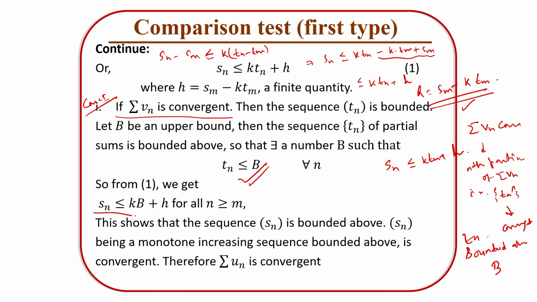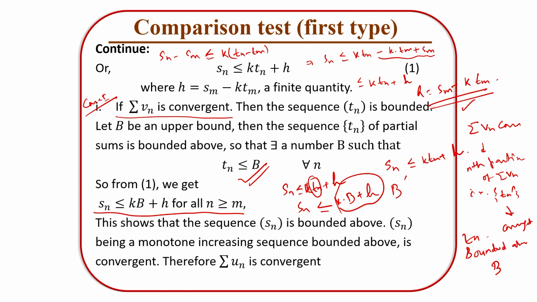So therefore Sn is what? Sn is less than k into Tn plus some number h, and Tn is also bounded. So Sn is less than k into some number b plus h, and this can be replaced by some other number b dash.